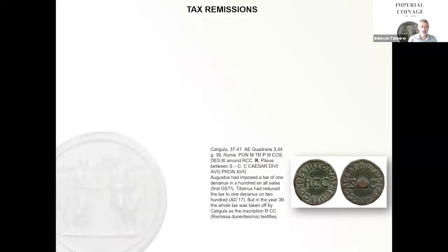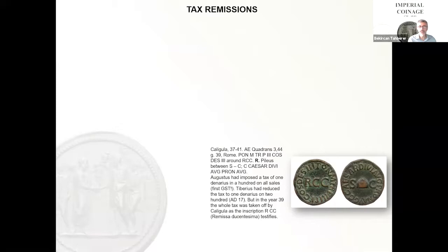Tax remissions are often advertised on coins, and these are mostly base metal coins. You wouldn't expect something like that from Caligula, but here is a quadrans issued during the time of Caligula.